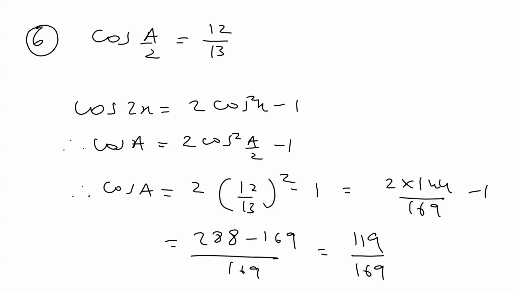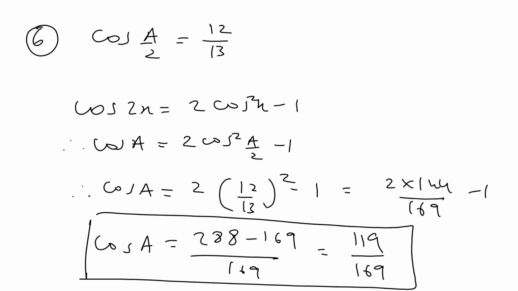Then sin A. From cos A we can directly get sin A by the triangle method. And once you get that, I leave it up to you. And tan A will be sin A upon cos A. But one thing we need to understand over here.